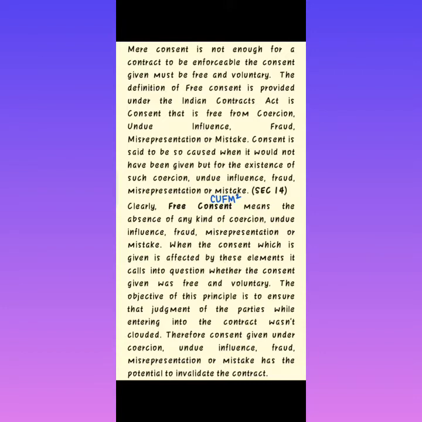And it doesn't define it in a positive way, that free consent means this. Rather, it gives a negative connotation to this concept, that consent is said to be not free when it is caused by certain factors. So basically Section 14 gives you five circumstances or five factors which vitiate one's free consent. What are the factors?